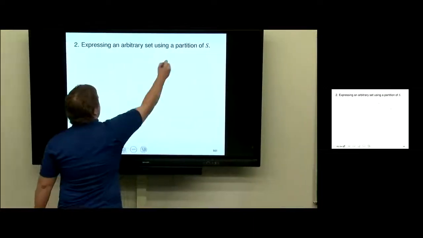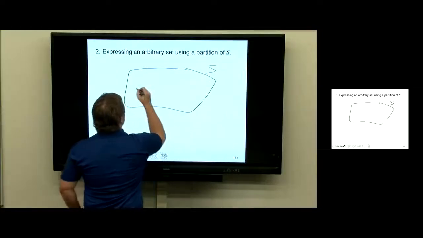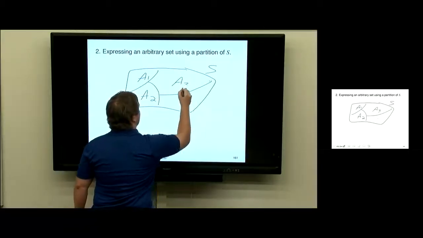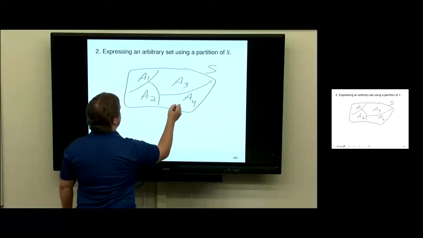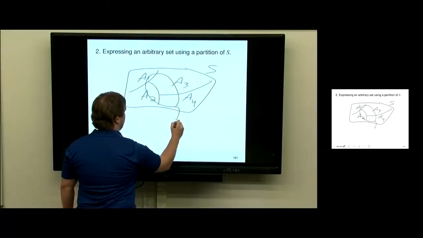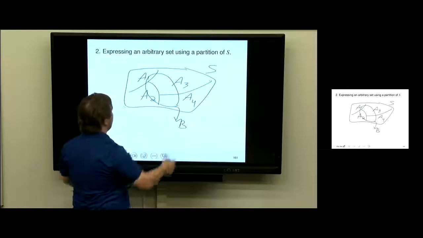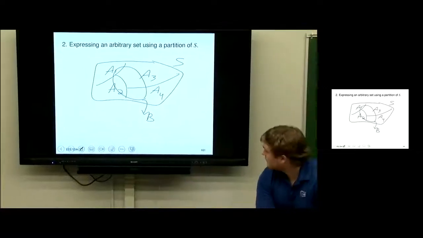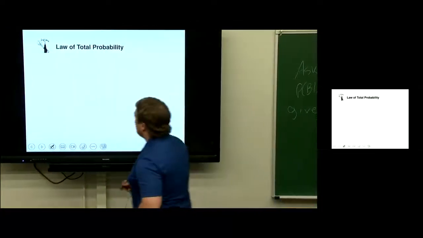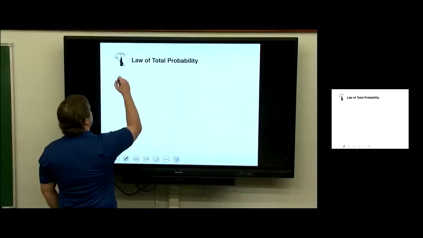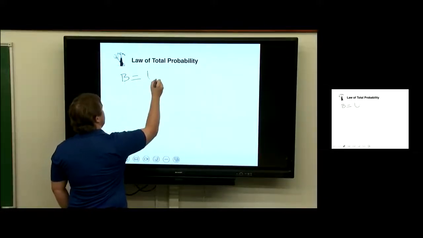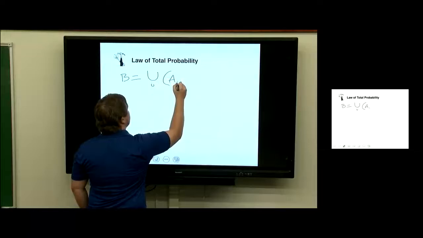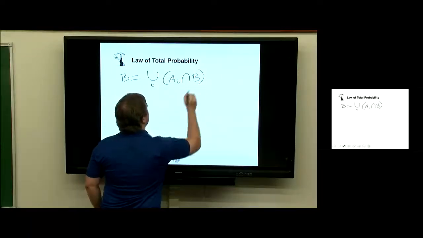Then we can express an arbitrary set, let's call it B, using this partition. From that diagram, we can look at what B is. B is the union over all I of A sub I intersect B. That's one way to do it.